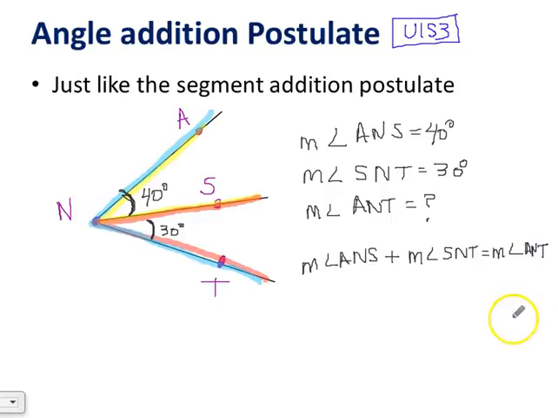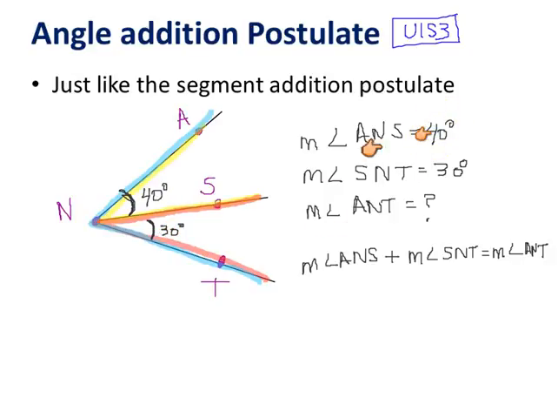So that is what this angle addition postulate is: if you add up the two smaller angles, you'll get the measurement of that big angle that is made up by the two smaller angles.